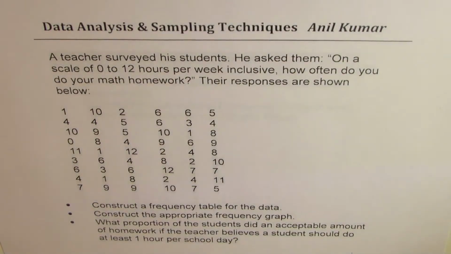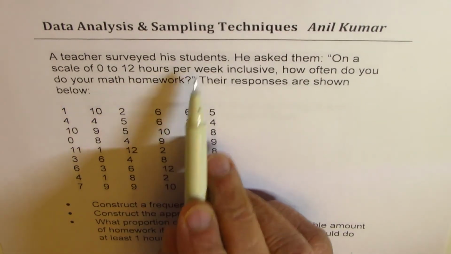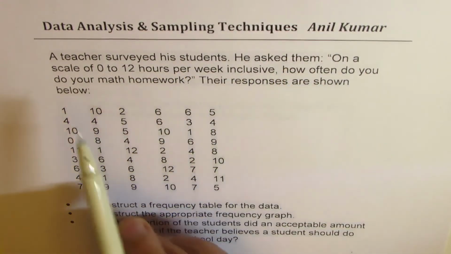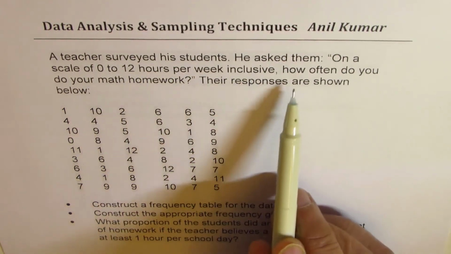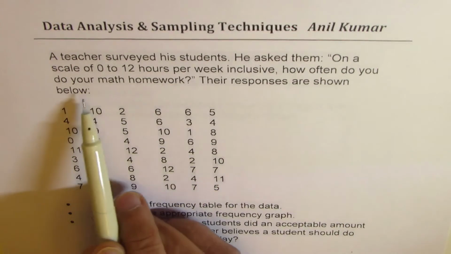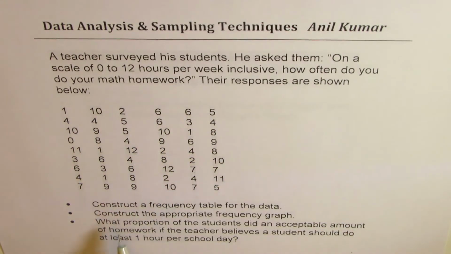So here's the very first question. A teacher surveyed his students. He asked them on a scale of 0 to 12 hours per week inclusive, how often do you do your maths homework? Their responses are shown below. Construct a frequency table for the data. Construct the appropriate frequency graph.